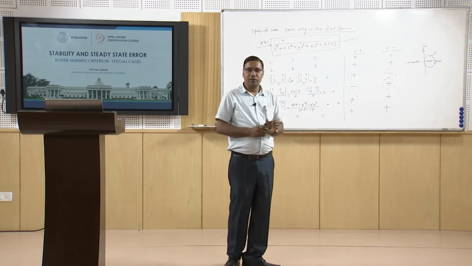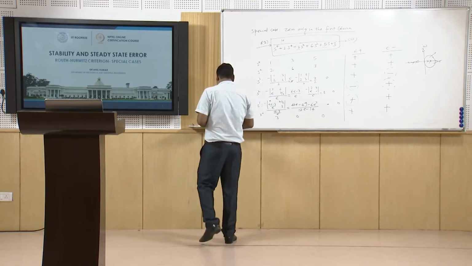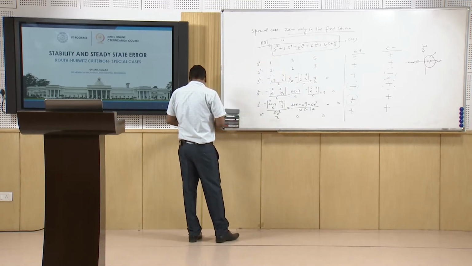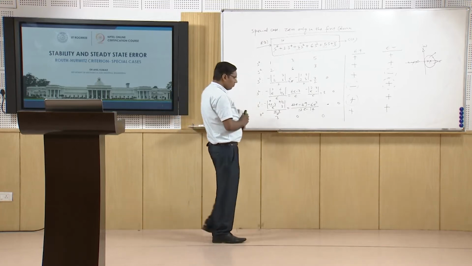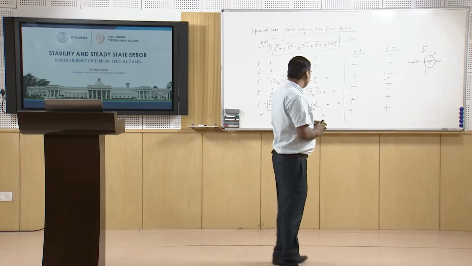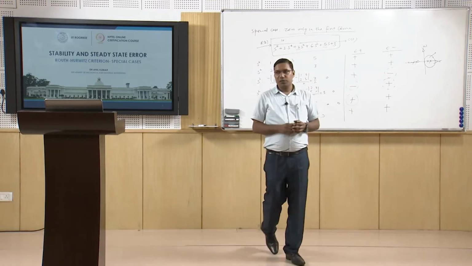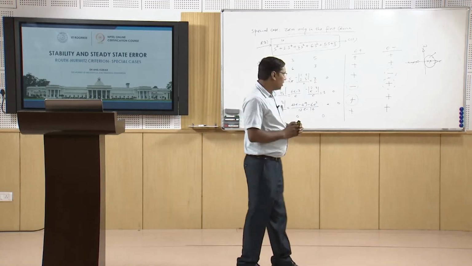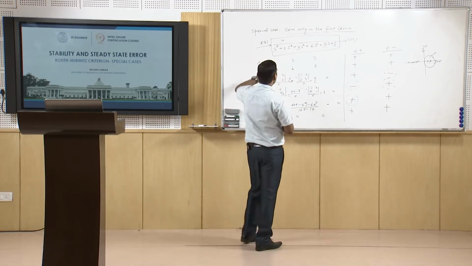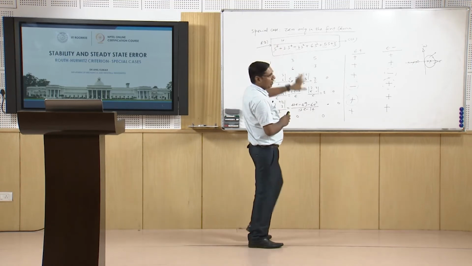There is another method also, and in that method we can write this polynomial as the reciprocal polynomial. So in place of writing s power 5, we can write 1 by d power 5.